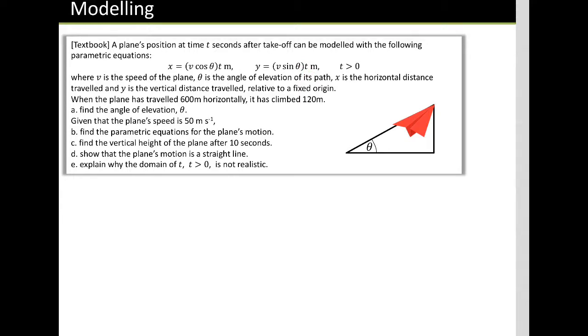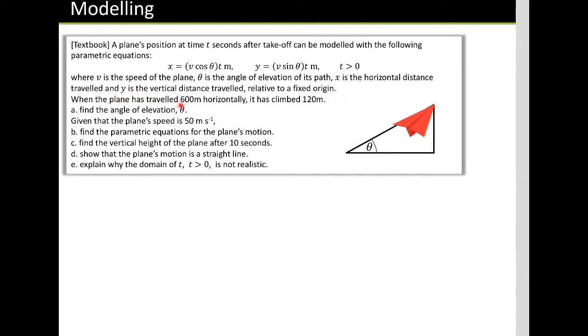We're then told where v is the speed of the plane, theta is the angle of elevation of its path, so that's shown on here, and x is the horizontal distance travelled, and y is the vertical distance travelled relative to a fixed origin.